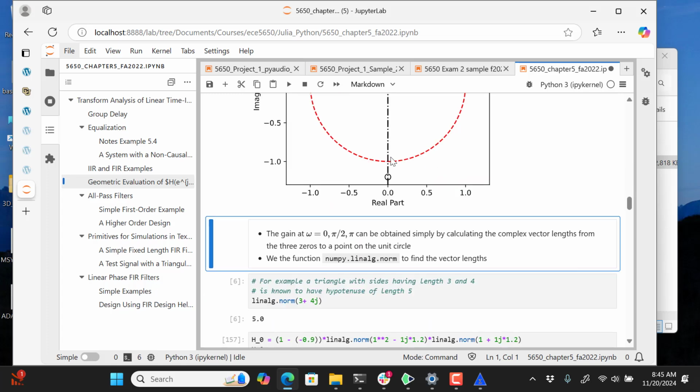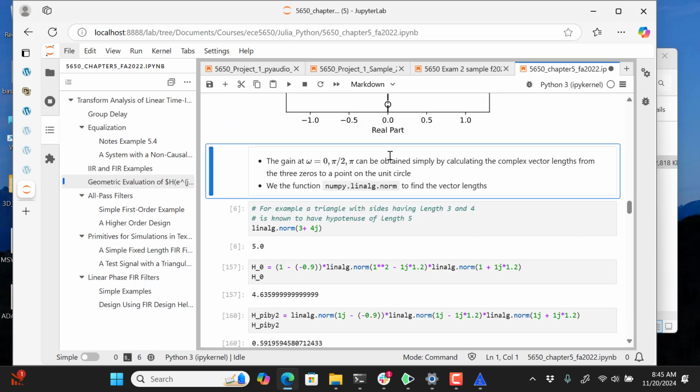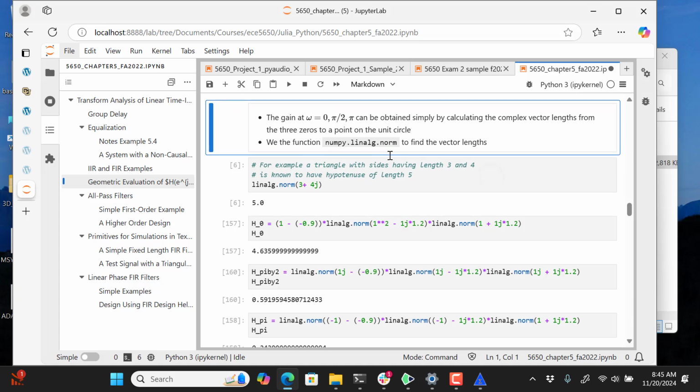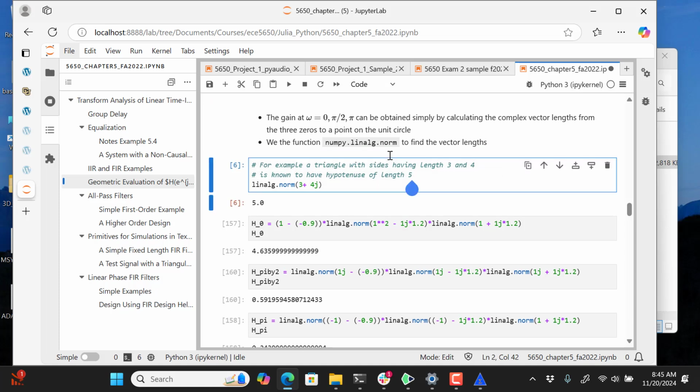Okay, there's the pole-zero plot. And then after I did that, I was just checking that I can do the geometrical calculations. Python has a function called norm, and it can find the hypotenuse or the magnitude squared just by doing it that way. And just for the fun of it, I brought in the linear algebra package to do that.